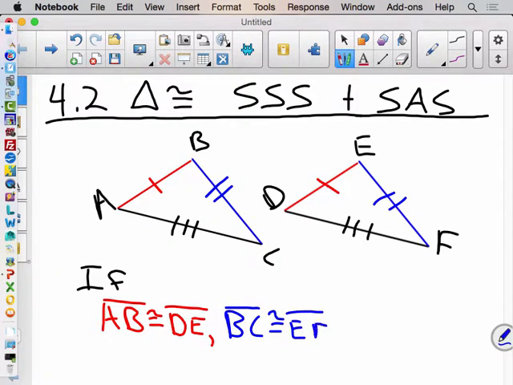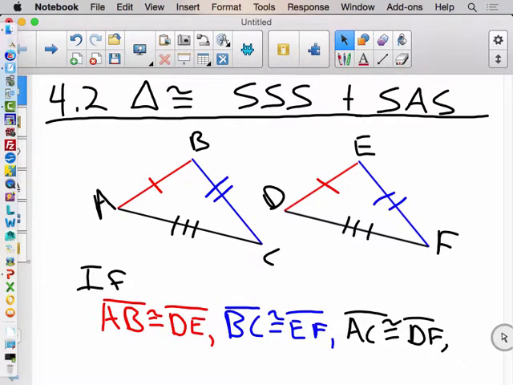EF. And line segment AC is congruent to DF. Yep, DF. Good. Okay, so now that is the first part of my statement, right?